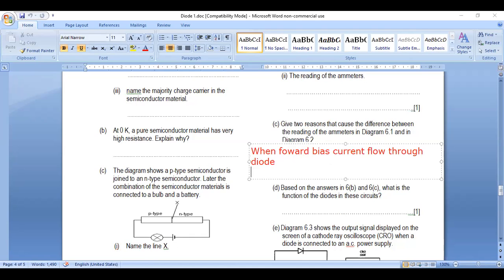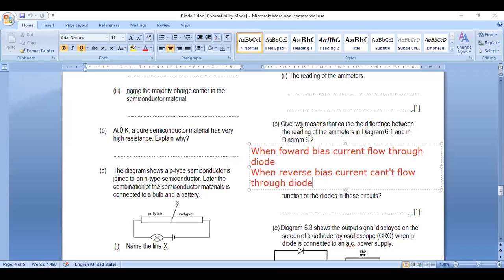And then when reverse bias, no current or current can't flow through diode.